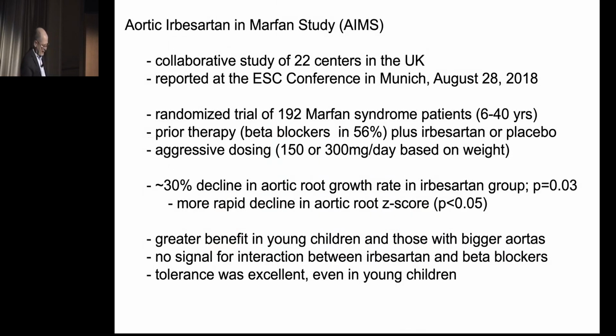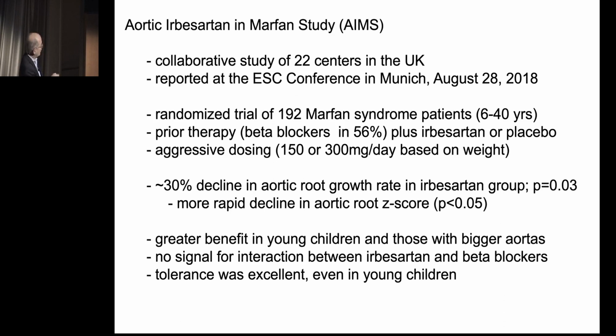Very recently at the European cardiovascular meetings, there was the report of a trial of a different angiotensin receptor blocker called irbesartan. It was a collaborative study of 22 centers, a very well-performed randomized trial of about 200 patients with Marfan syndrome.